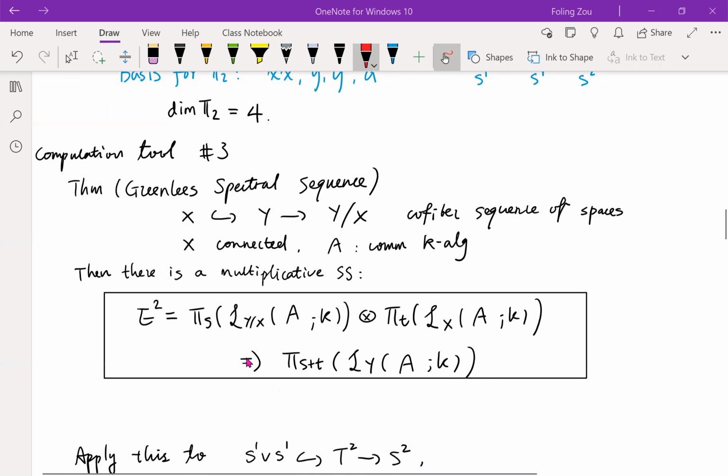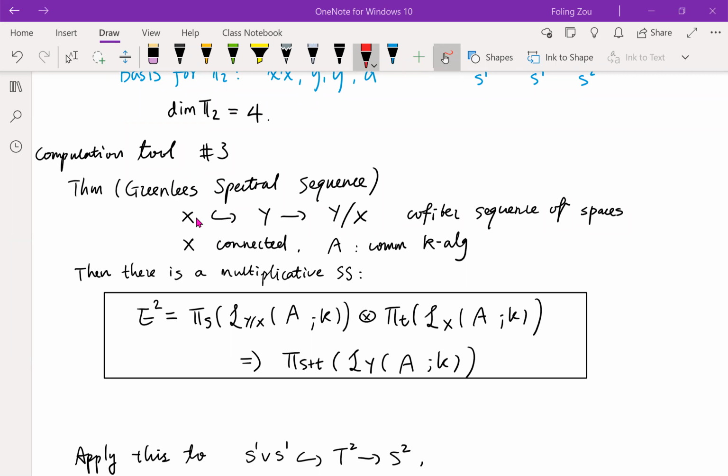Okay, so we can think about this computational result in another way. There is a spectral sequence called the Greene spectral sequence, and it's about push-outs of commutative algebras, and I have adapted it for the purpose of our Lode construction.